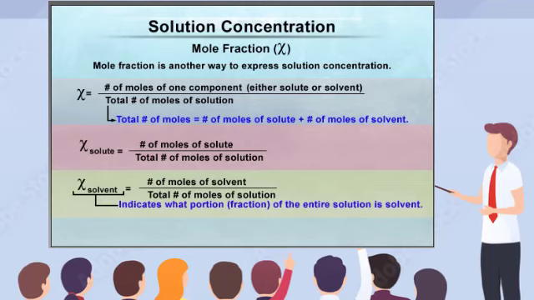This equation indicates what portion or fraction of the entire solution is solvent. To verify that your answer is correct, make sure the solvent mole fraction and the solute mole fraction total 1 when added. This ensures that each part of the solution was taken into account.